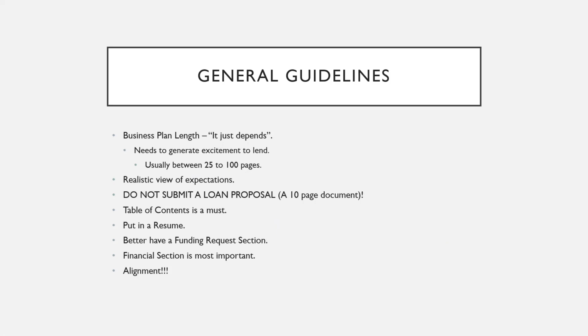And usually, from again what I understand, the more money you're looking for, the more detailed of a plan they're going to be looking for as well. So that's why they give you a guideline between 25 to 100 pages. But most business plans, from what I'm seeing, are about 30 to 50 pages.